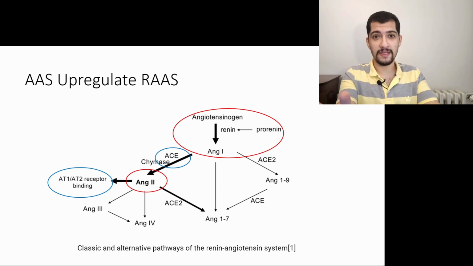The ARBs, the other synonyms being angiotensin 2 type 1 receptor blockers or antagonists, bind to the AT1 receptor.